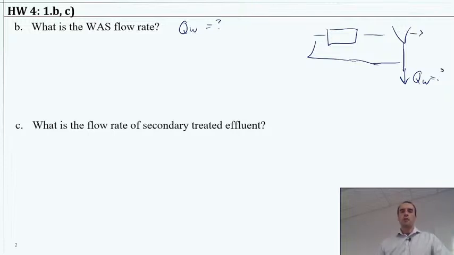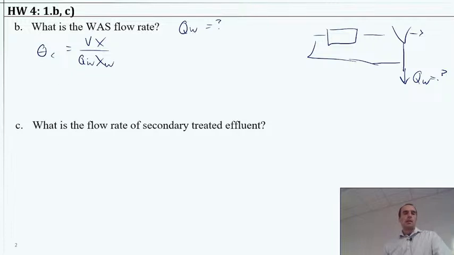Given that, we had just looked at that theta C a moment ago, the cell retention time, and we said we don't have all that information to use there, but now we do, because now we have the volume. So now this theta C equals Vx over QW XW is a lot more manageable since we solved for the volume.